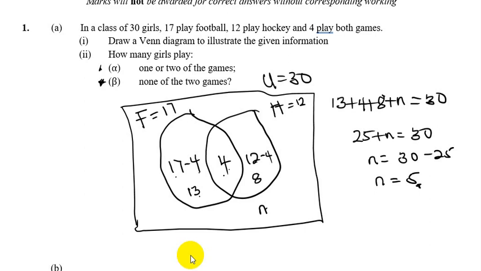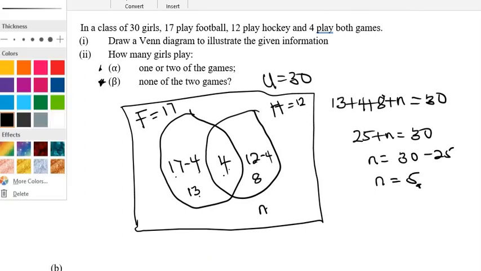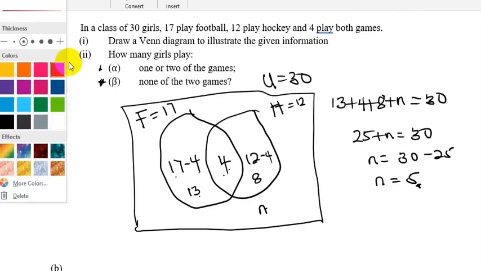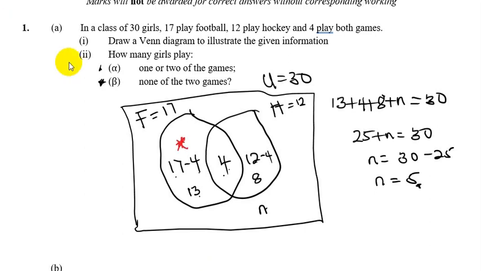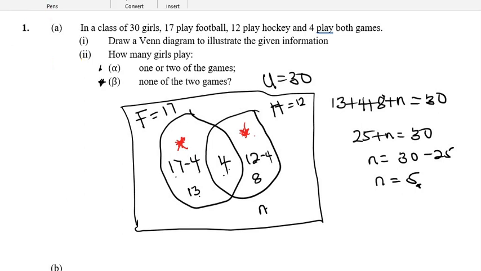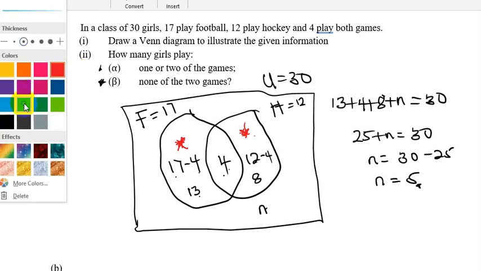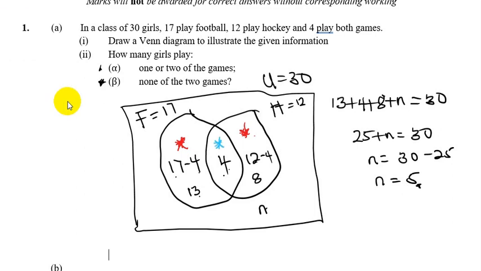Okay, now the question is again one or two of the games. Now those here, let me use a different ink so that you know what I'm talking about. Now those here marked with the red, okay, they are for one game. Those here too are for 1 game. Okay, so the 1 game are for those here and those here, but those here play 2 games.